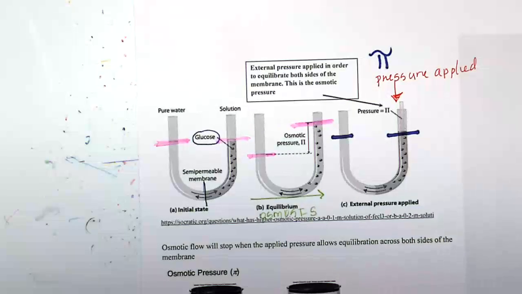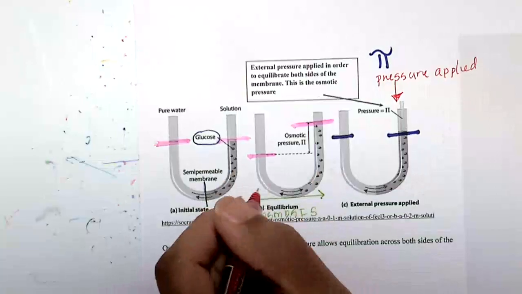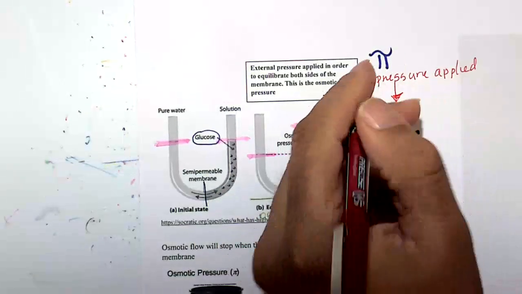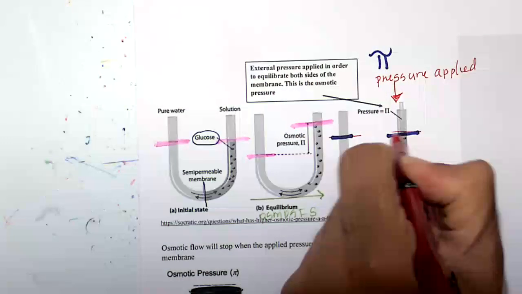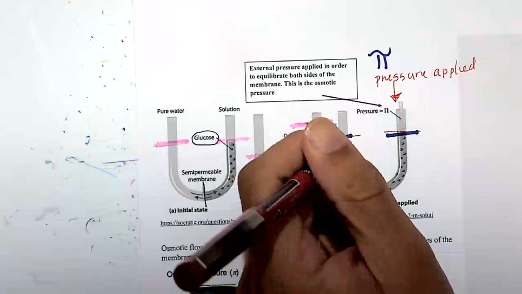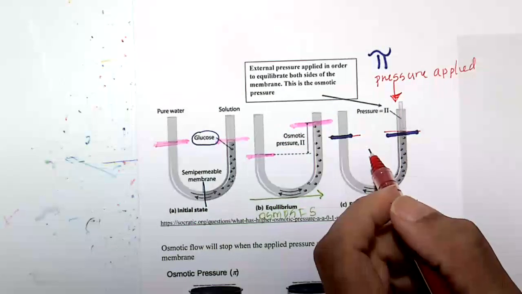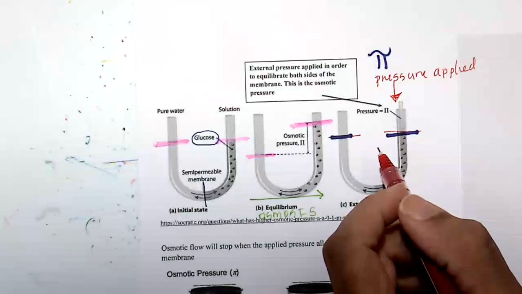Now osmosis has stopped. Do you guys see this? Water rushes in, you apply the pressure, and look at the levels: now they're equal. That's the pressure you apply so that osmosis doesn't happen anymore.